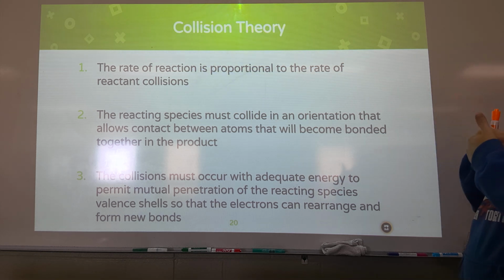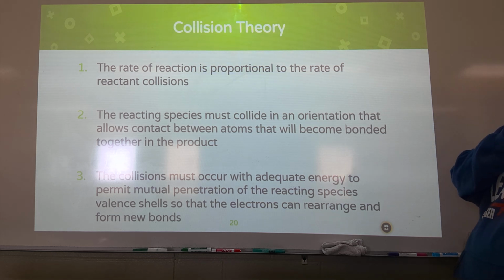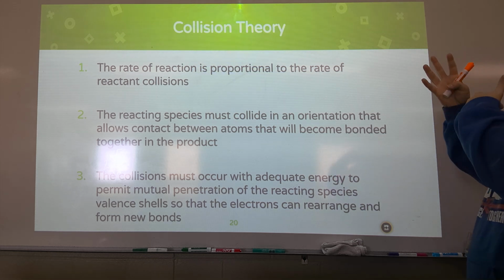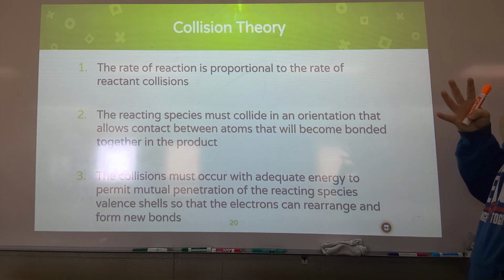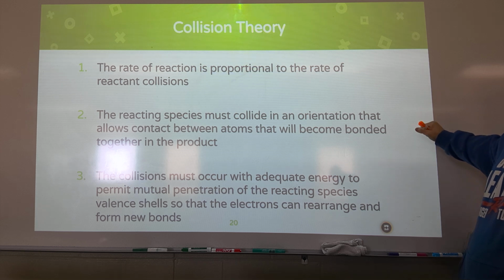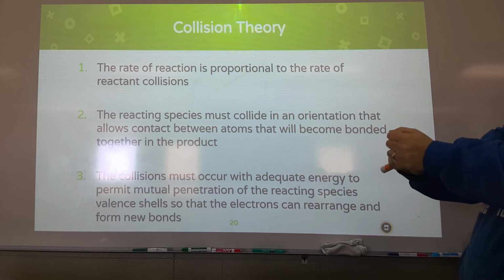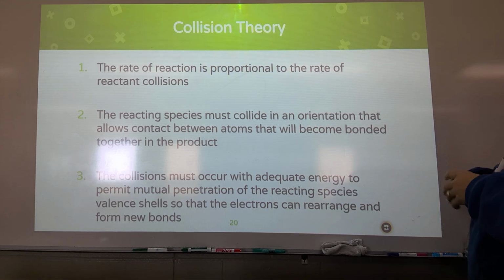That's why sometimes we have to heat reactions up in order to get them to react. Sometimes we have to cool them down so that they are back in that window of allowable energy, because sometimes they are hitting each other with so much energy that instead of giving a chance for those electrons to react, they just bounce right off of each other and move in opposite directions.